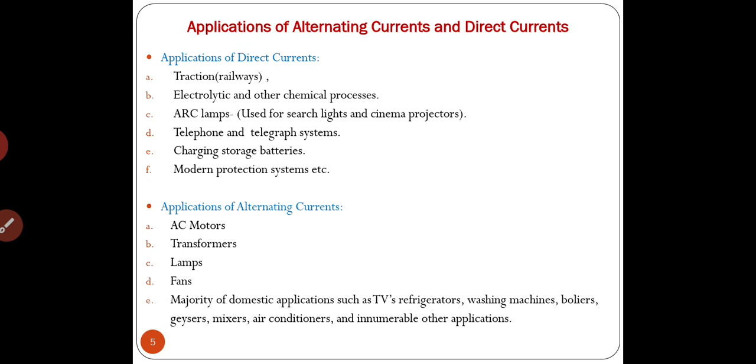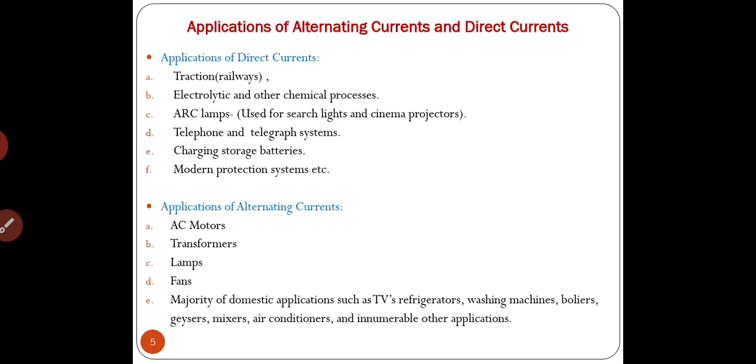Lamps. Whatever incandescent bulbs or lamps we are using work on alternating currents. Then we have fans. The fans which we use in our rooms are based on induction motors, so they are an application of alternating currents.